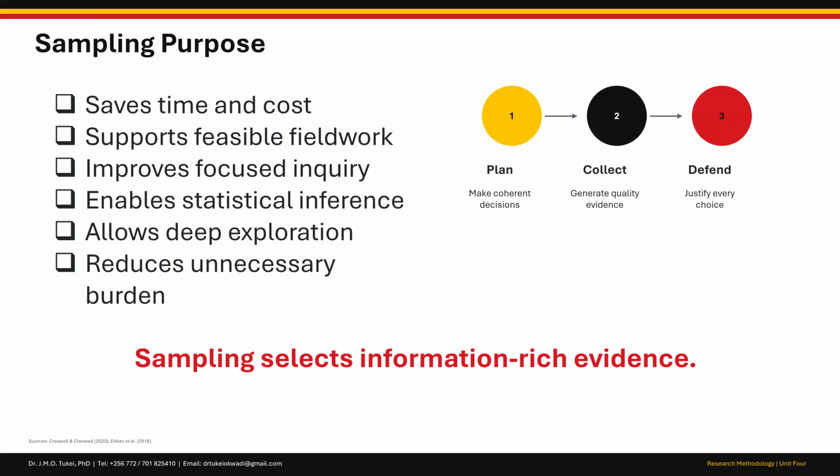Therefore, when you are getting your sample, make sure you get a sample which is determined, because you ought to save time and cost. You can't study everybody. If you want to study health facilities in Uganda, just get a sample of a few health facilities. Again, sampling supports feasible fieldwork. That's what you ought to understand.